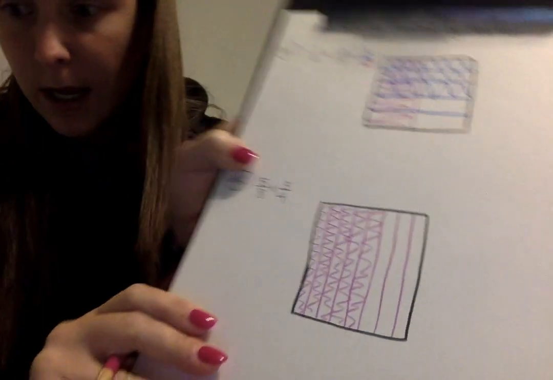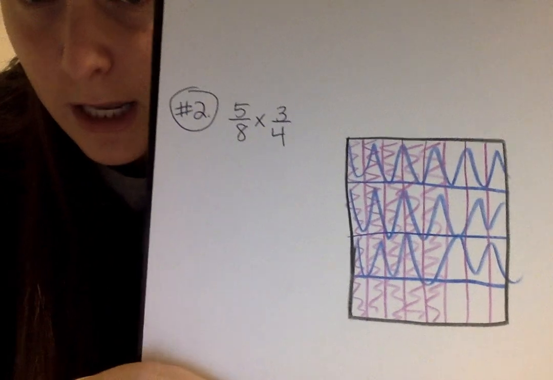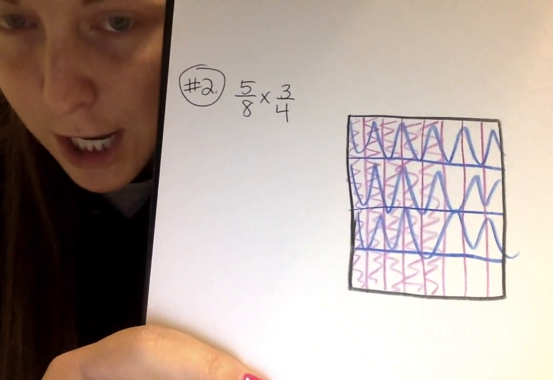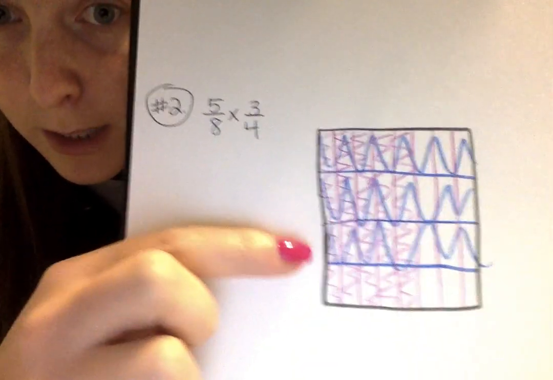Now, horizontally, I'm going to break it up into 4ths, and then I've got to shade in 3 out of those 4ths. So this is going to leave me with quite a few pieces. So I have that. Now we've got to count the number of pieces that are shaded in both blue and purple.